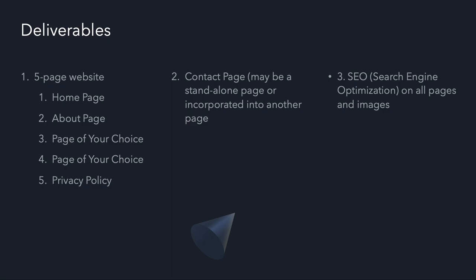So in the example of, let's say you are going to build a website for a friend who has a personal trainer business. Maybe you'll have one page talking about client testimonials, and a second page of your choice could be, maybe this personal trainer sells t-shirts or water jugs that are branded, and so you could have a shopping page as your page of your choice.